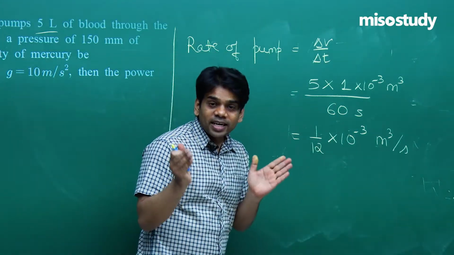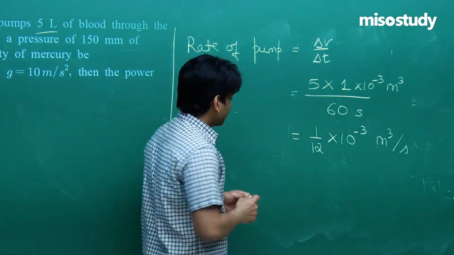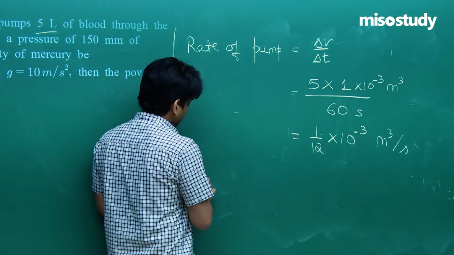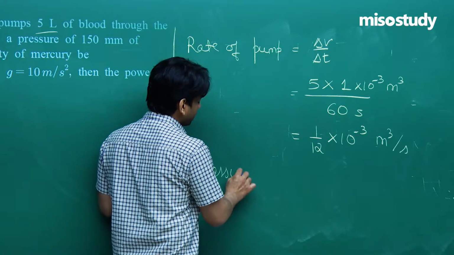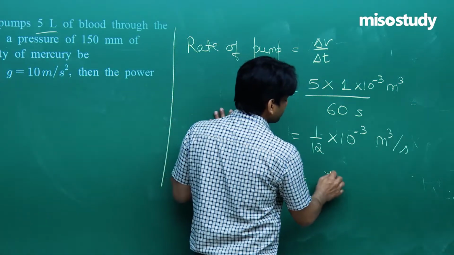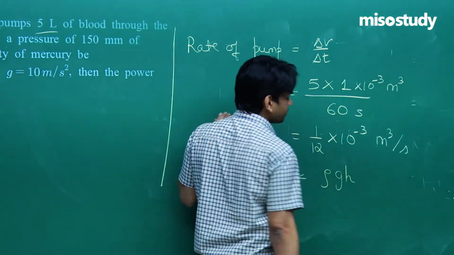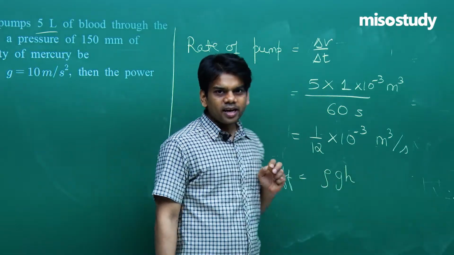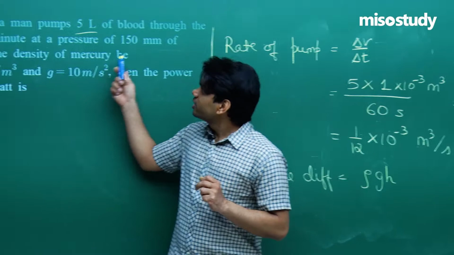Now see the pressure difference along which it is pumping, that is 150 mm of Hg, and pressure difference is rho g h.